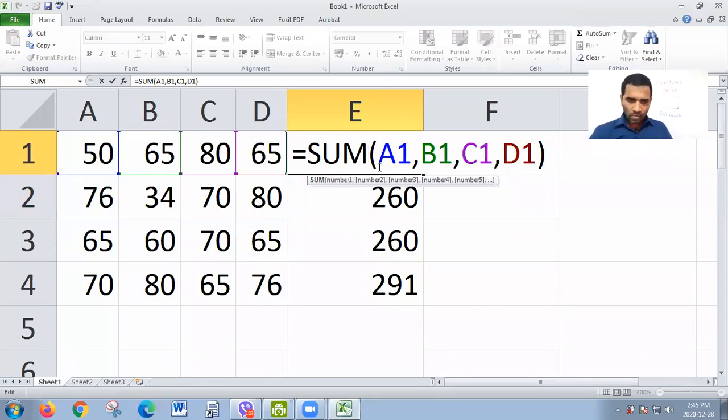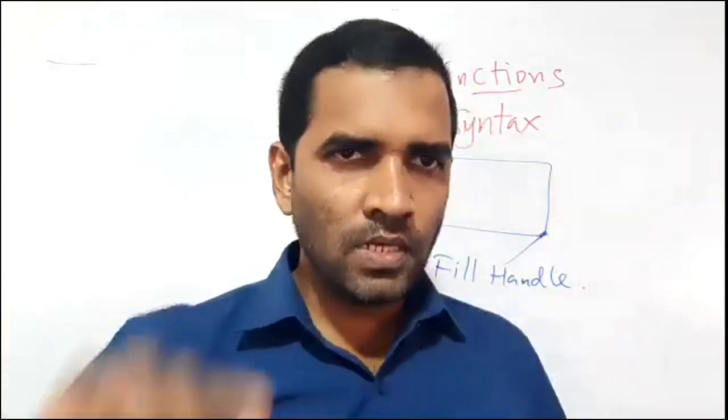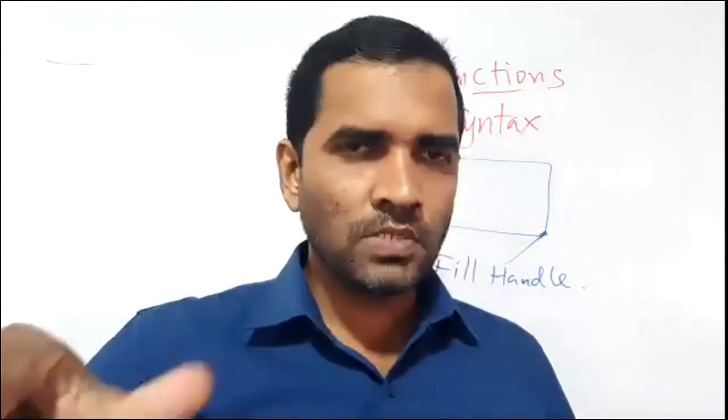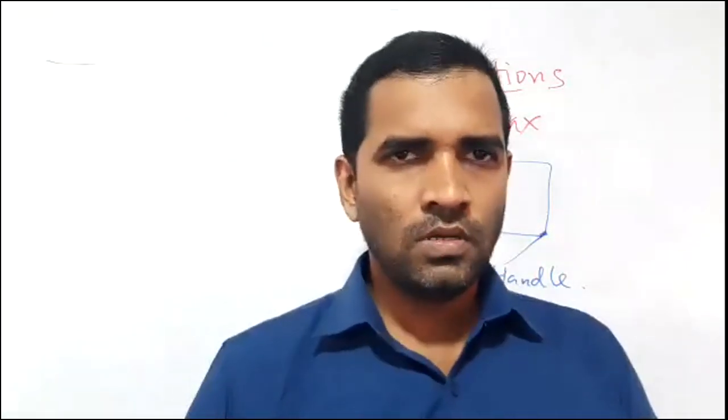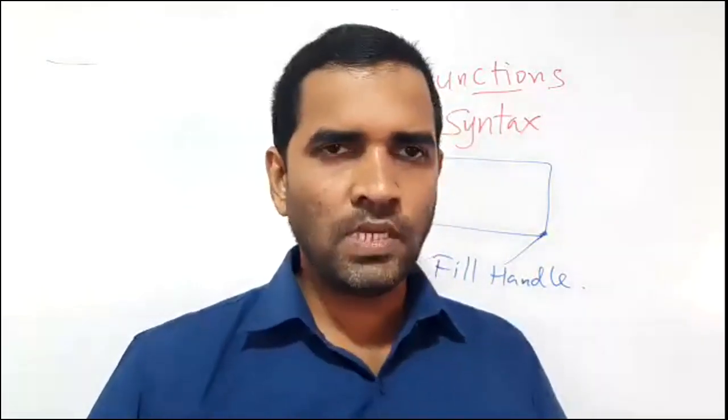Okay, but even though you use the function here, in this instance also you have the same problem, because when you want to add 20 numbers, if you follow this method, definitely 20 cell addresses need to be given. Equal sum within bracket A1, comma B1, comma C1, comma D1, comma E1, comma F1, and so on. 20 addresses to be given, right? So you understood this pattern.